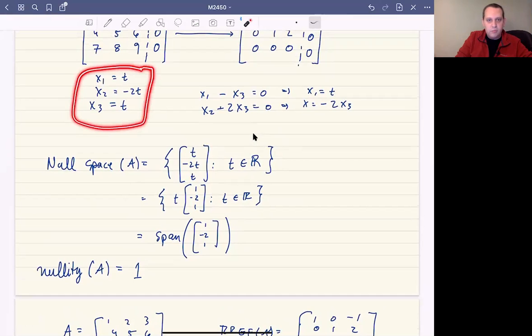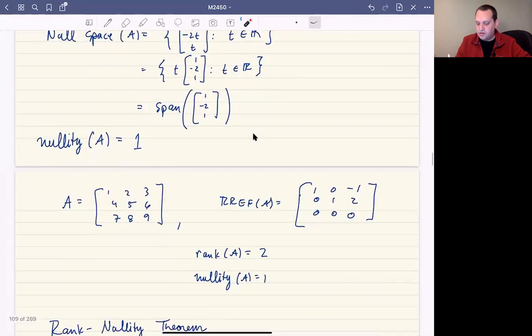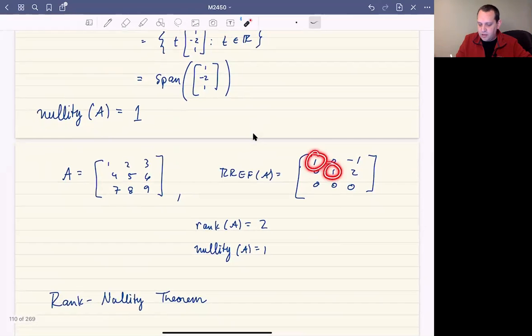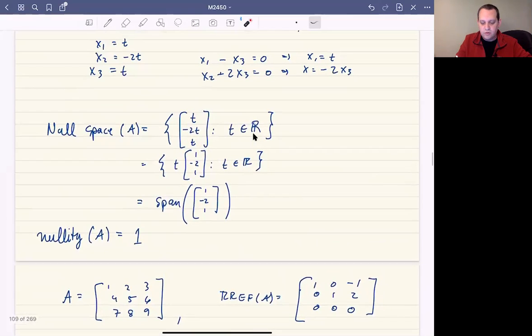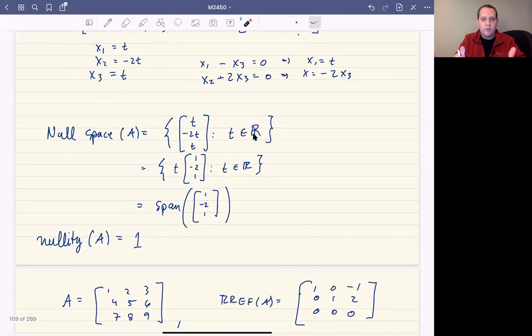We had only one parameter t, and that's why the nullity was 1. So the rank you can think of as the number of pivots. The nullity you can think of as the number of parameters when you parameterize the solution to Ax equals 0. Okay, so that's, I think, a good way to think about the row space, the rank, and the nullity of A.